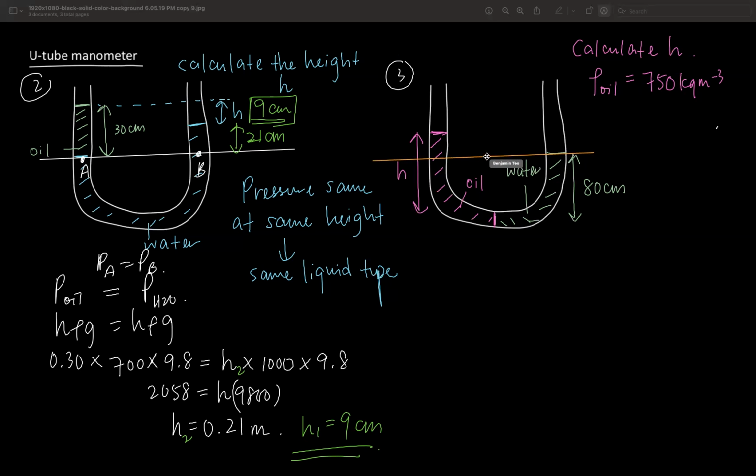On your right, it's water. So we take the bottom, at the very bottom, where both types of liquid exist. Okay, so that means if you're at the bottom, then I just use whatever is the height. This one and the 80 cm.